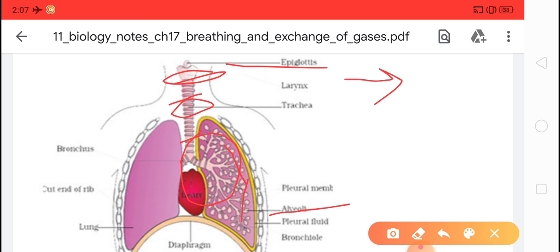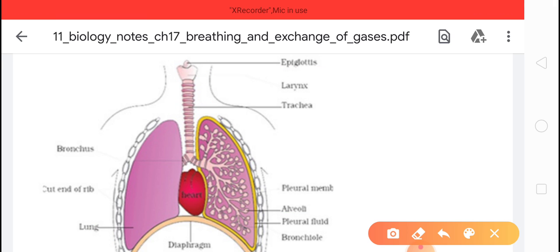I'm showing once again in front of you. These are the primary, then they form the secondary, then the tertiary, and in the last the alveoli are formed. So the branching network of bronchioles and alveoli forms the lungs.